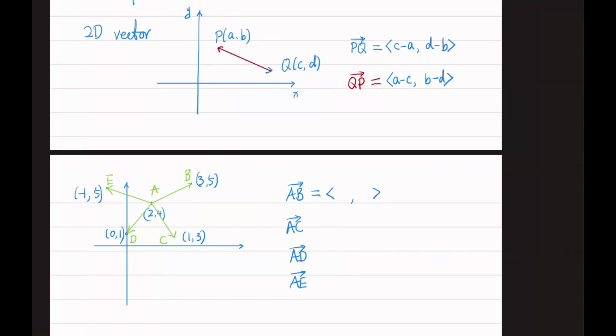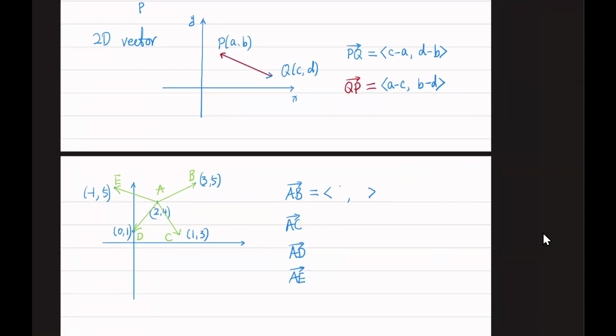One, one. Okay, Kira, which vector is 1, 1? AB is 1, 1. How do you find this? 3 minus 2 and 5 minus 4. Okay. And Amy, AC.